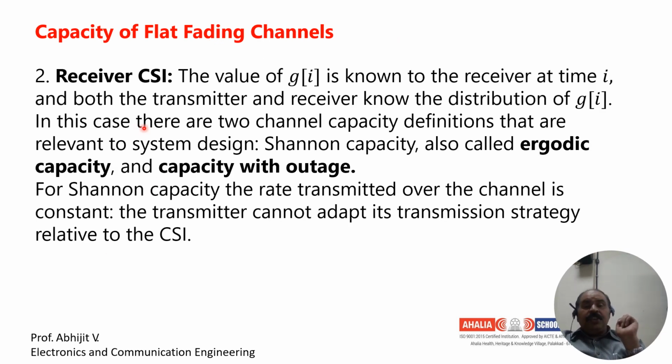The second condition, receiver CSI: the value of G of I is known to the receiver at time I, and both the transmitter and the receiver know the distribution of G of I. In this case, there are two channel capacity definitions that are relevant to the system design: Shannon capacity, which is also known as ergodic capacity, and capacity with outage.